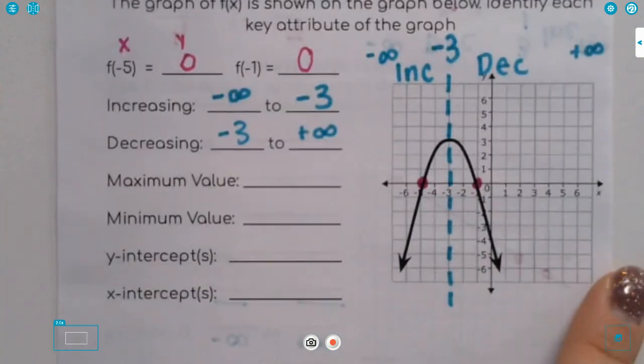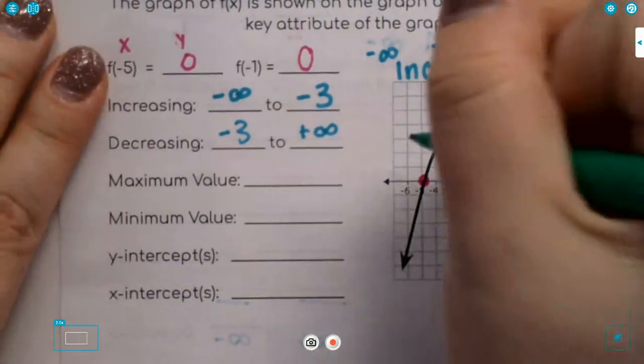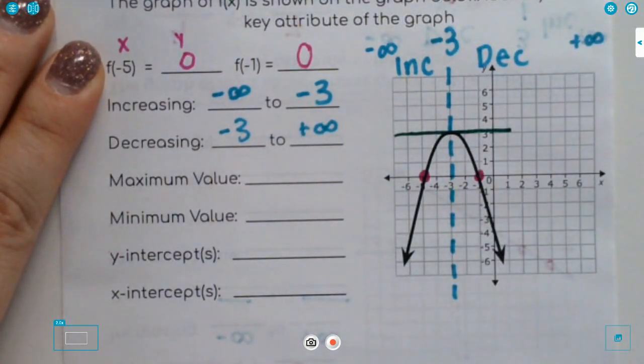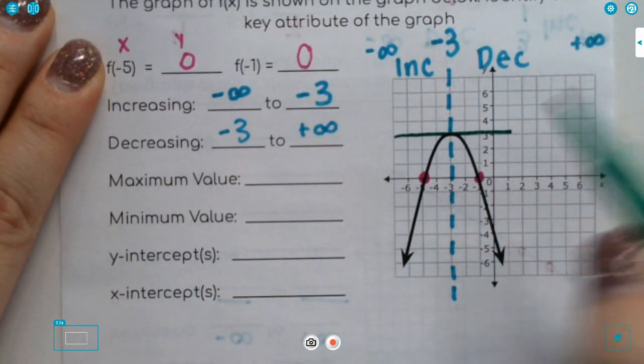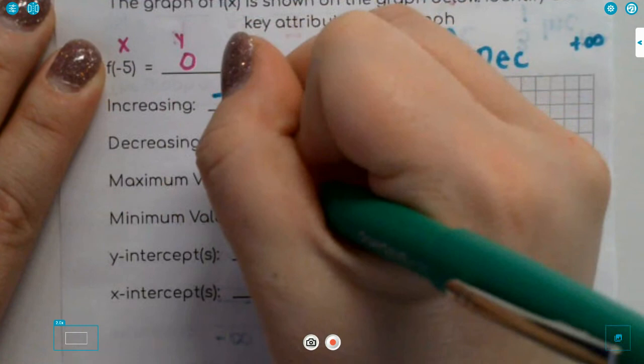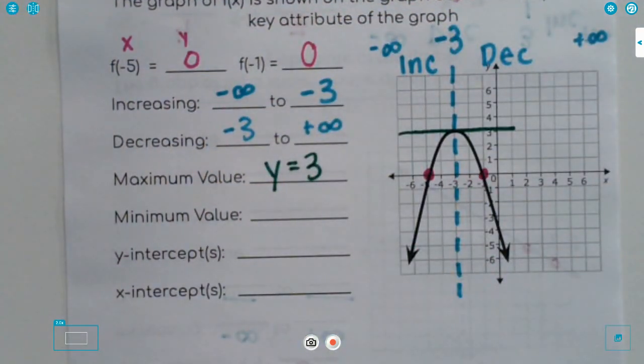You're not going to have both. So this one, is that a high point or a low point? High point. So I'm going to draw a horizontal line here at my high point so I can see where it is. I have a maximum at y equals 3. So we did maxes and mins Wednesday as well. So we've got a maximum, a high point at y equals 3.